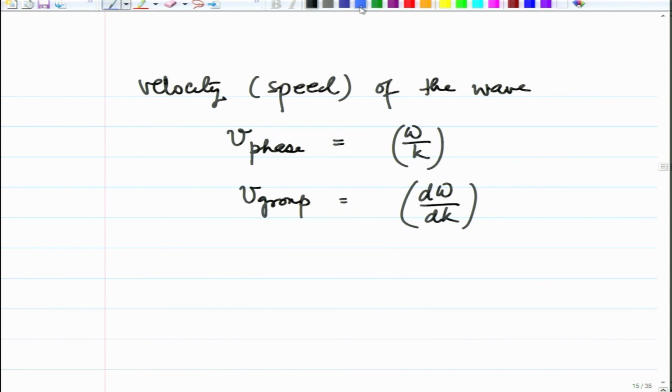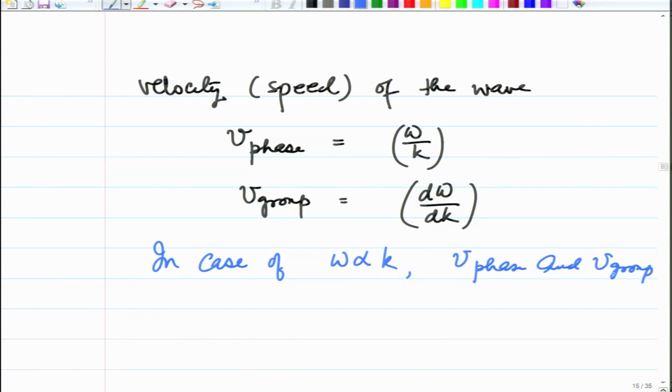In case omega is proportional to k, v phase and v group are identical. This is known as linear dispersion or a dispersionless medium, in which case there is no dispersion. When I speak to you, the speed of sound is the same irrespective of the frequency, and therefore you do not really hear any distorted sound.